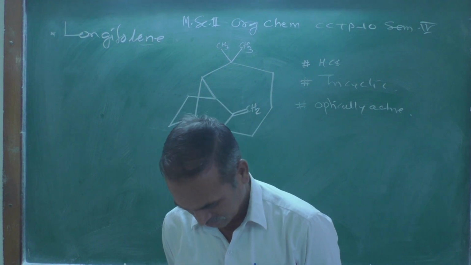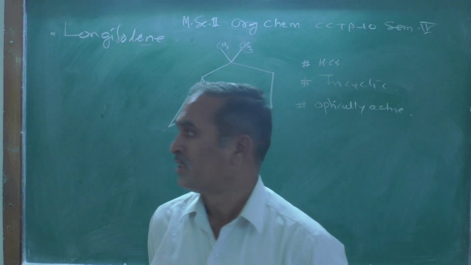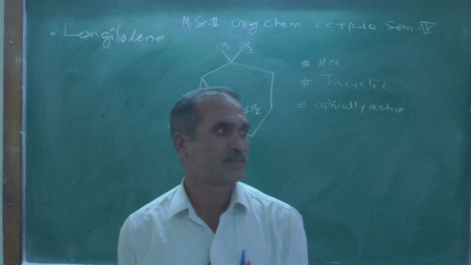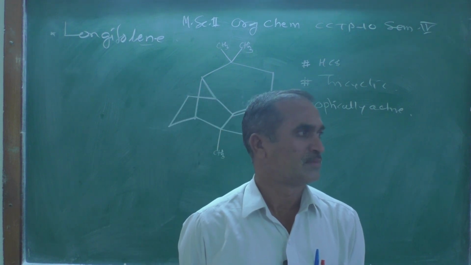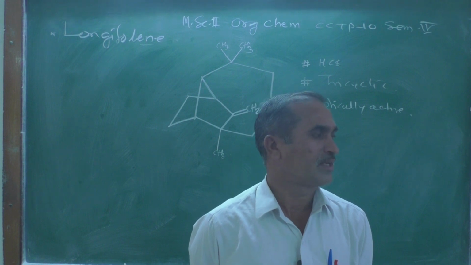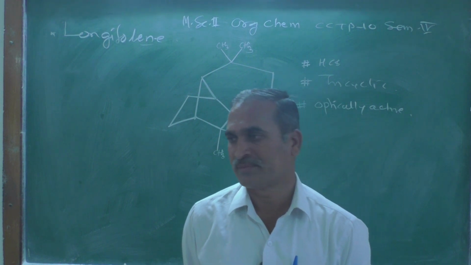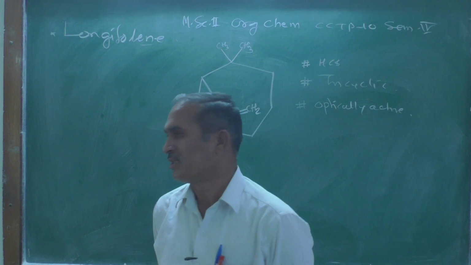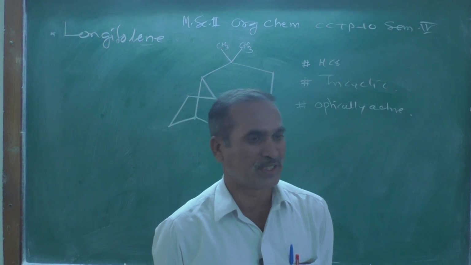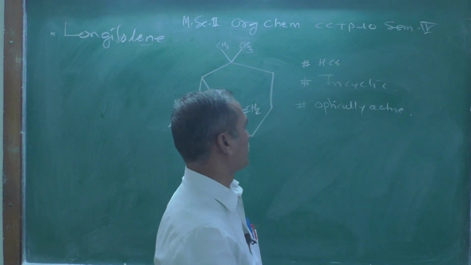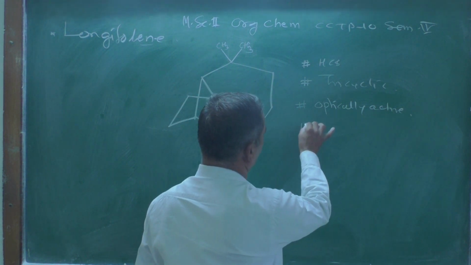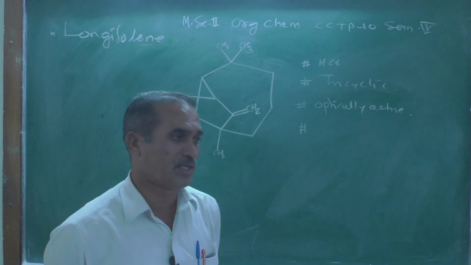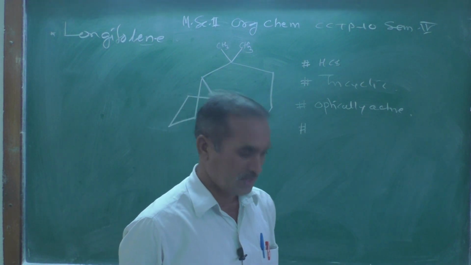But this compound does not possess any kind of symmetry, and therefore it is optically active in nature. So once it is optically active, how many chiral centers are present here?